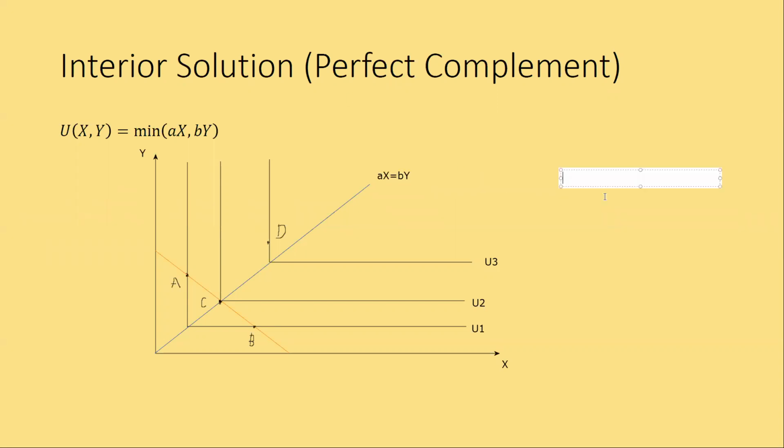I'm going to say that the optimal point, or the optimal bundle, is located at the intersection of the blue line and the indifference curves.